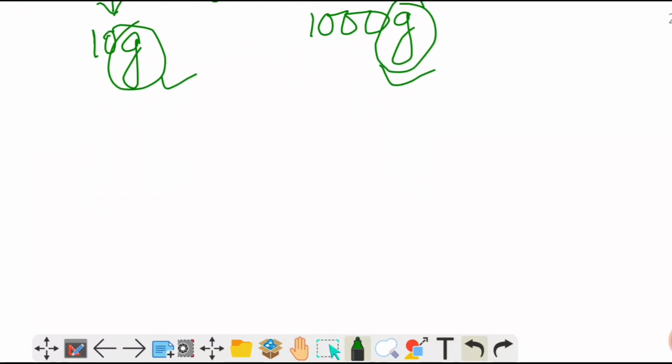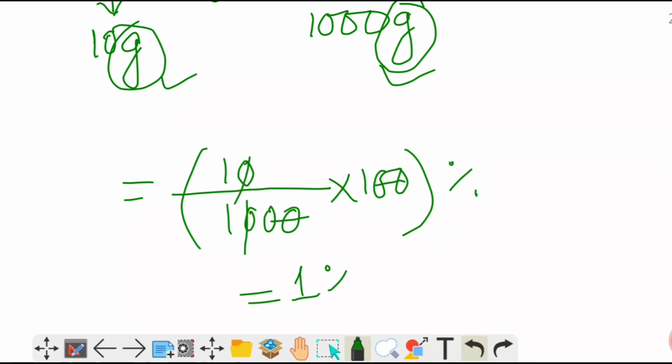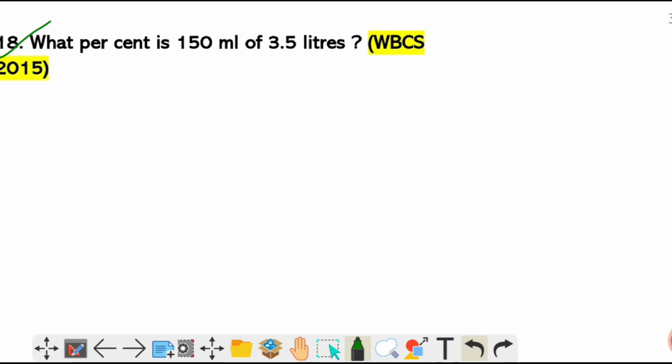Here it is 10 divided by 1000 into 100%. By cancelling zeros, we'll get 1%. That is, we can say that 10 gram is 1% of 1000 gram.